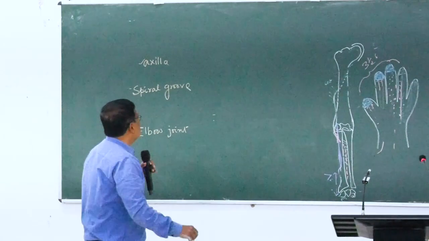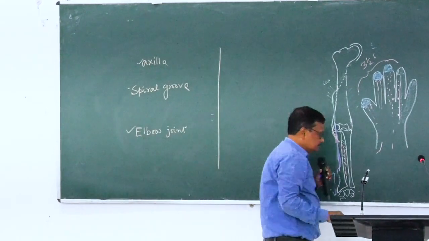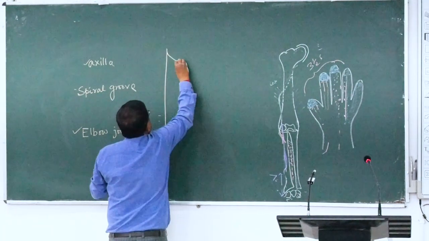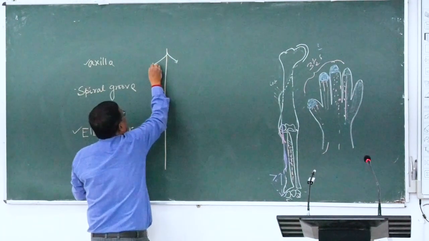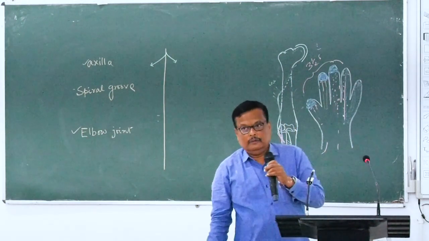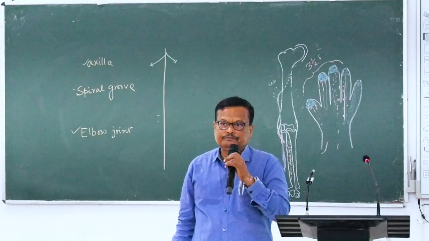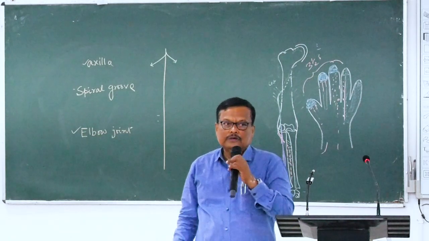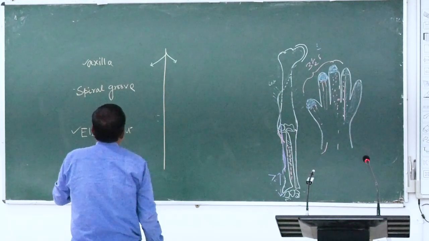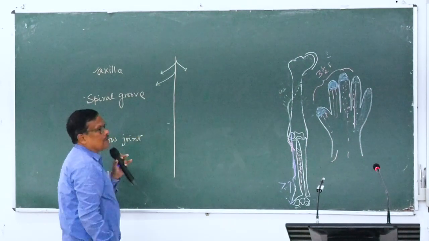Now let's see the branches. This is the radial nerve. In the axilla, it gives branches separately to the long and medial head of the triceps, and also gives a branch known as the lower lateral cutaneous nerve of the arm.